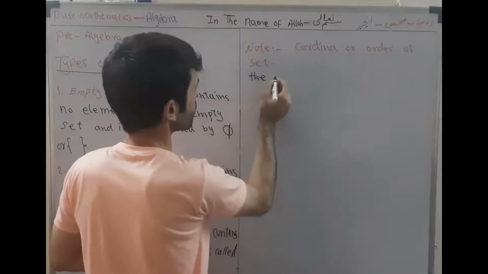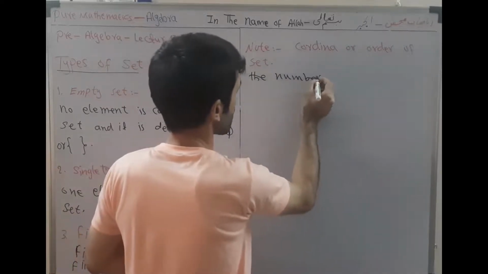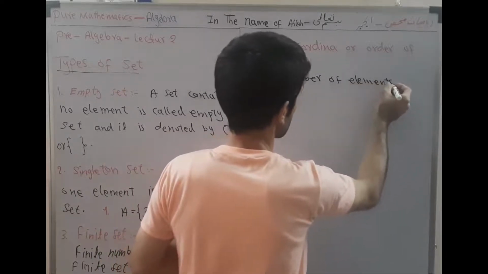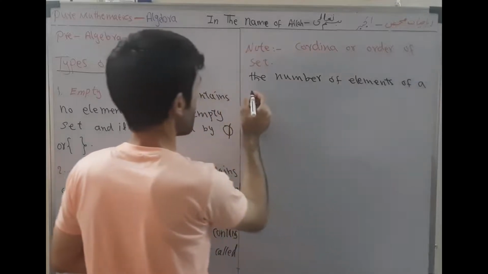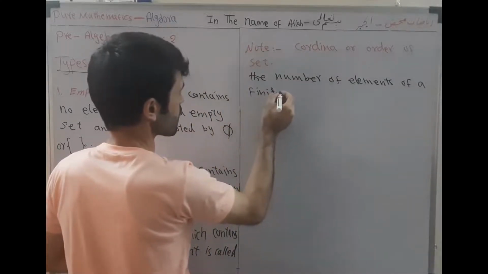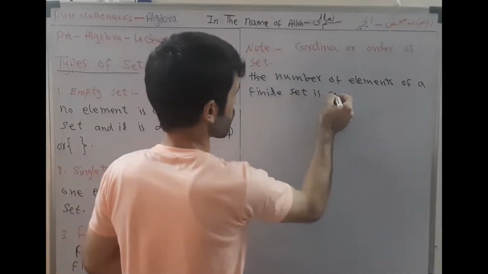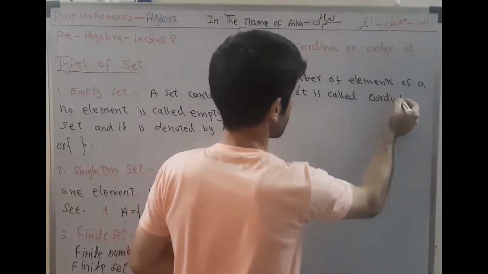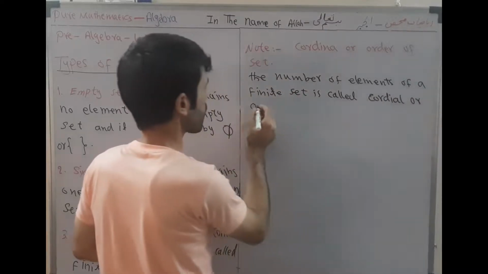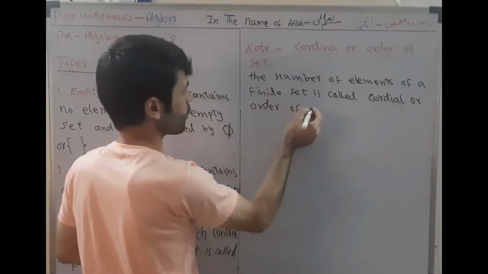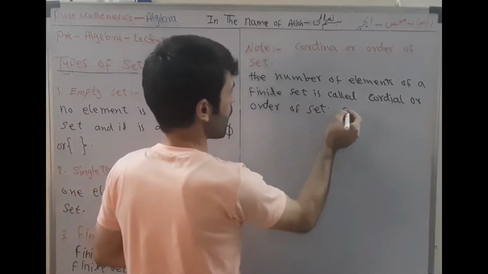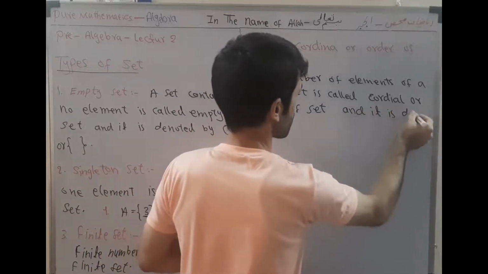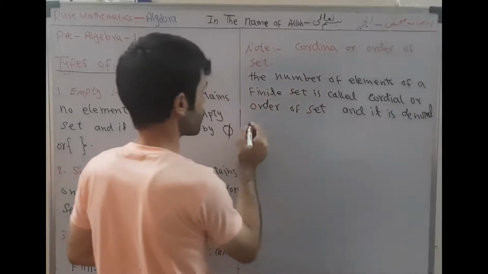The number of elements of a finite set is called cardinal or order of set, and it is denoted by n(A).